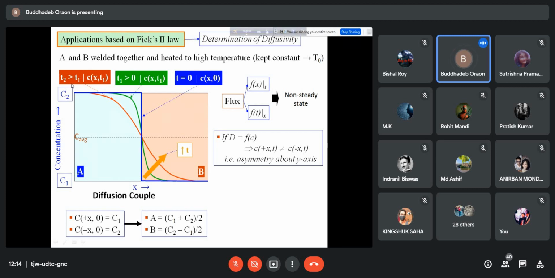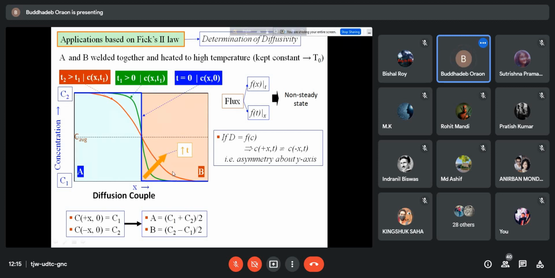And if you increase the time further, say 10 hours or 12 hours, maybe more than that, the concentration profile will be something like this. So these three different curves have been given to give you the idea.